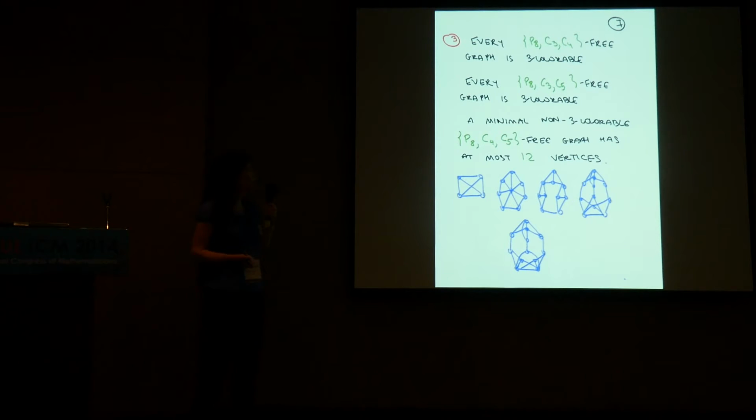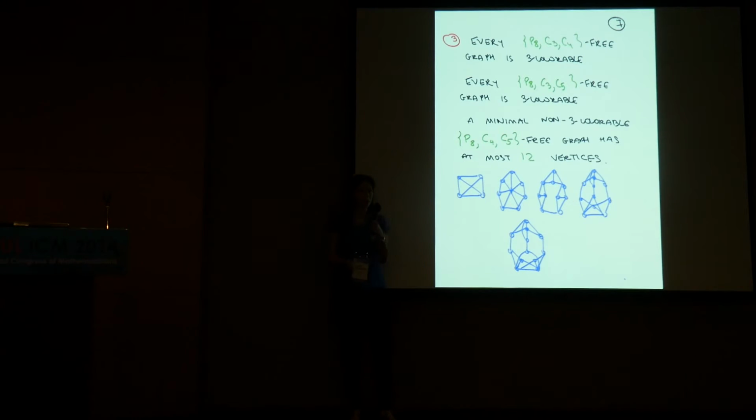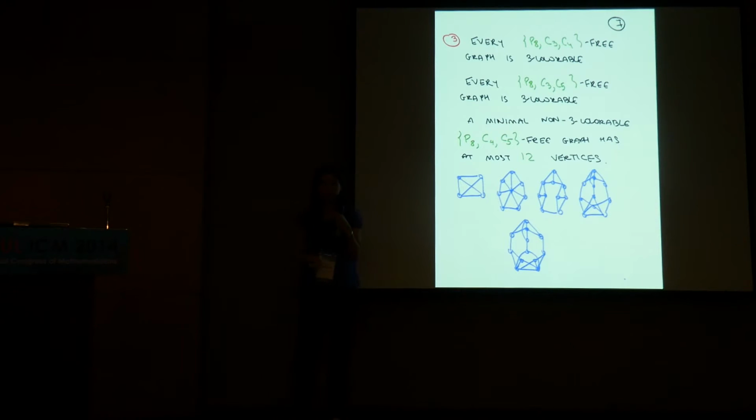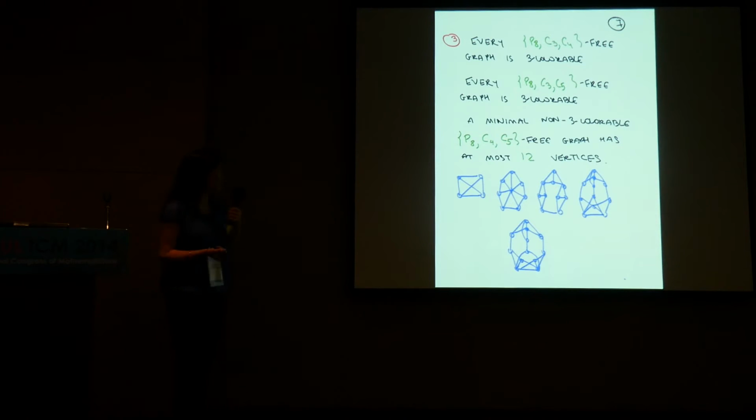If you exclude P8 and triangles and 5-gons, all such graphs are 3-colorable. If you exclude P8 and 4-gons and 5-gons, but you're allowing triangles, well, that gets a little bit more interesting. Not all such graphs are 3-colorable, but there are only boundedly many obstructions, namely 5. So, for algorithmic purposes, this is still good.